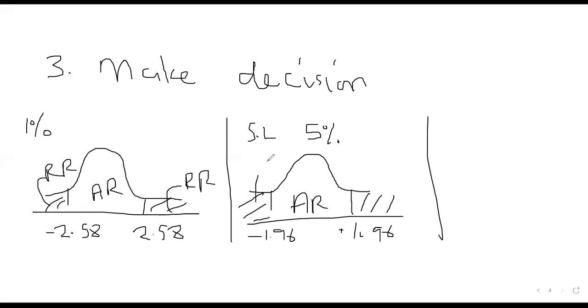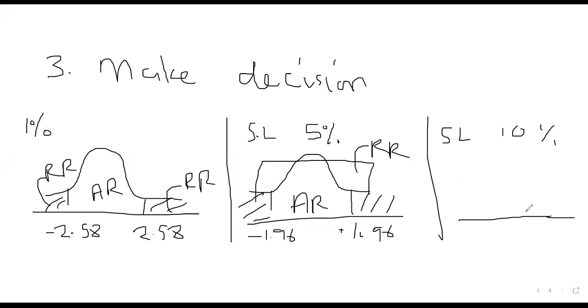And the shaded region is called what? Rejected region. Yes. Also, we could have level of significance what? 10%. So we reject H0 if our critical values are achieved. So here we're going to have negative 1.65 and here 1.65 as well.